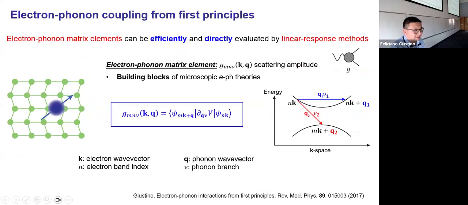It represents a scattering amplitude of an incoming state hitting a phonon and scattering to another state. Or we can look at this diagram, where you have an initial state hitting a phonon and scattering to a different state. So the amplitude is very straightforward.